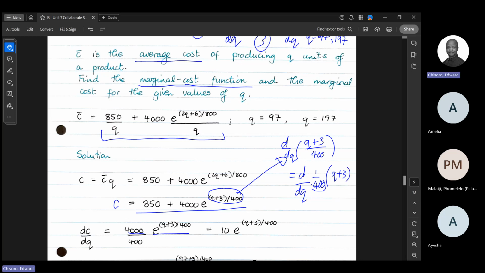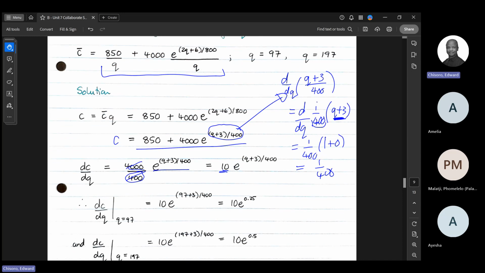So this constant is just a constant, so your answer will be 1 over 400 times the differentiation of this, which is 1 plus 0, which is just 1. So you end up with 1 over 400. Right? That's how I got this over 400. Okay. So we've differentiated this and that, simplified to become a 10, and that's 10e to the (q plus 3) over 400.